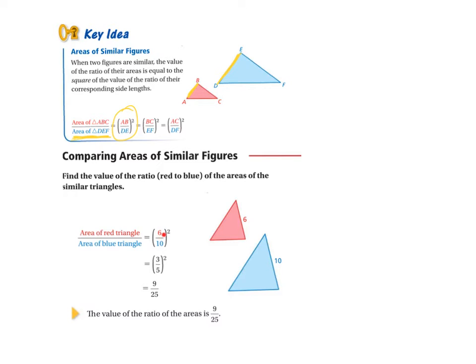First they simplified 6 over 10 and made it 3/5 to make the squaring easier, so that was definitely smart. So they divided both by 2 to simplify to 3/5, and then they squared it. 3 squared is 9, 5 squared is 25. Therefore, the value of the ratio of the areas is 9 over 25 in simplest form. Just like fractions, they're going to want these in simplest form.